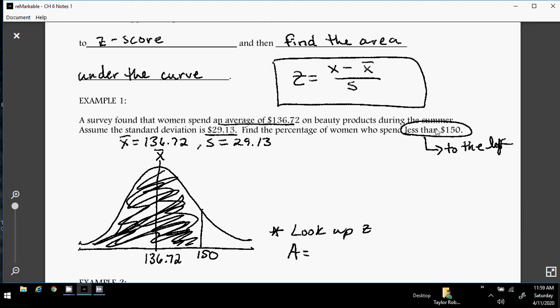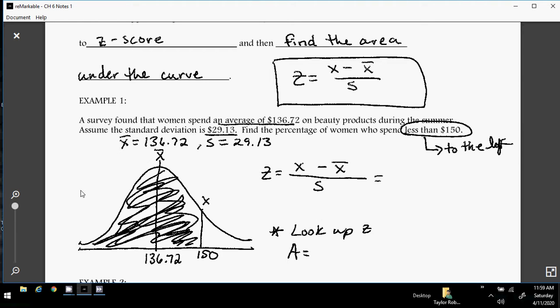How do you find it? We have our equation, x minus x bar over s. Our x value is the value we're looking at, which is 150. Our x bar is in the center right here. So I have x minus x bar, and then they gave us s. So this is what it would look like.